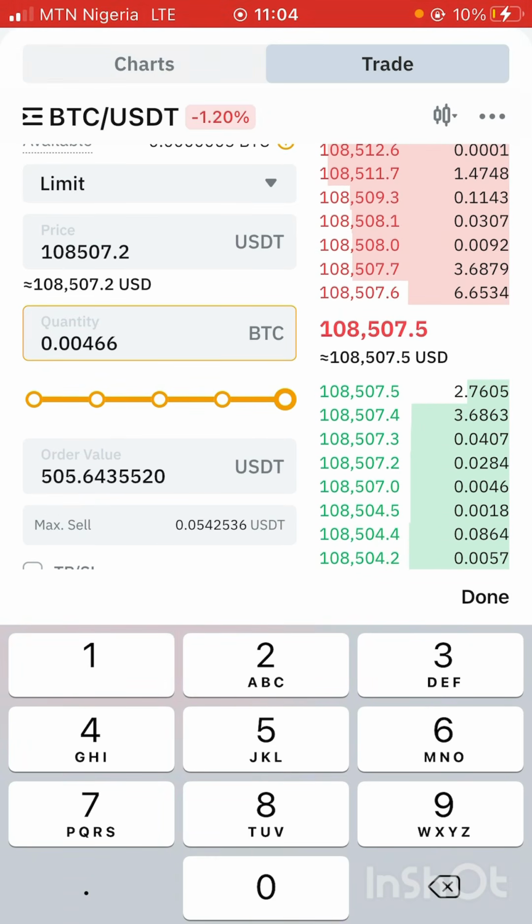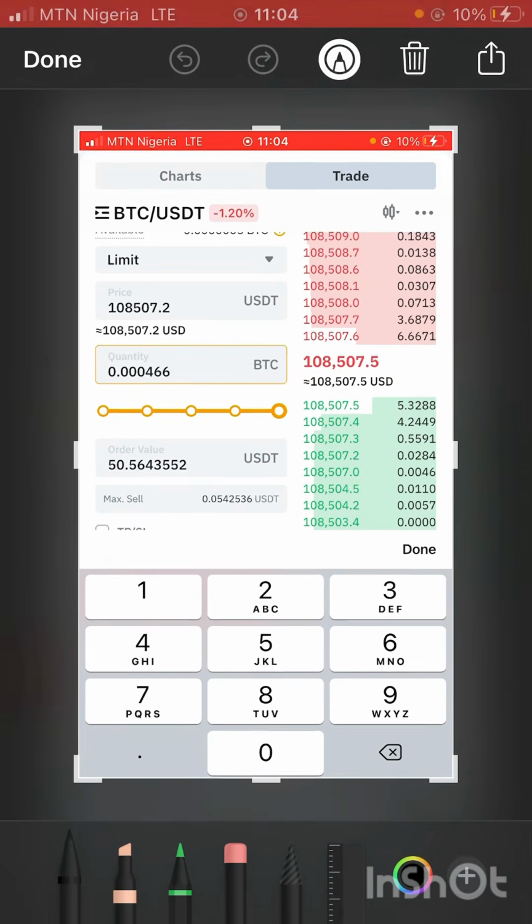That is 0.00466. So you are making 50.5, a little profit here. That's to tell you that you need at least 100 USDT for a reasonable profit from this particular arbitrage.